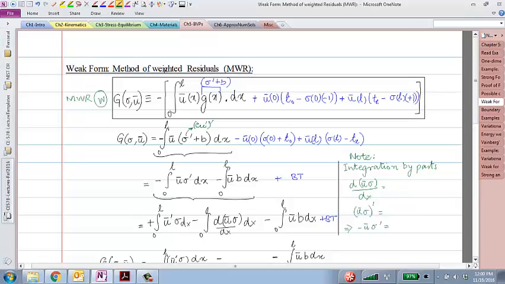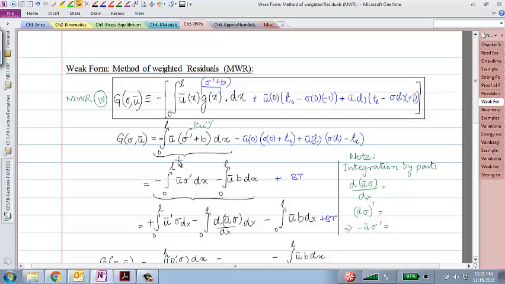So you can see that on the real displacement u, there are two derivatives. On the virtual displacement, there are no derivatives. So what we can do is try to balance the derivatives between the real and the virtual displacement so that we can get a little bit simpler form of the weak form.